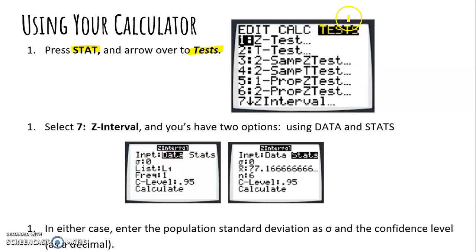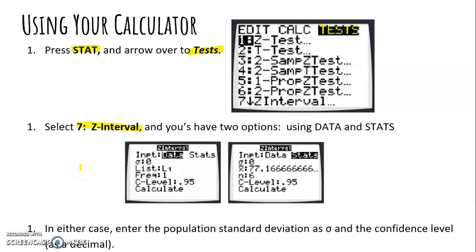So we're used to going to Stat Calc, but you're going to arrow right past Calc to test, and you're going to see a brand new menu. Now, when we are calculating a confidence interval to estimate a mean, when you know the population standard deviation, you are going to choose number 7, Z interval.